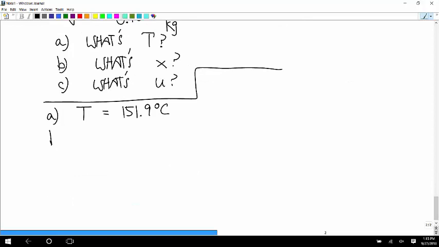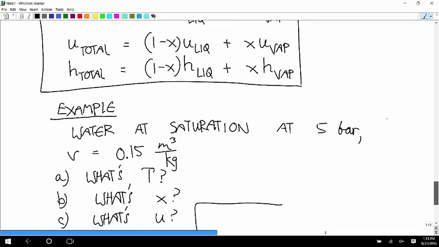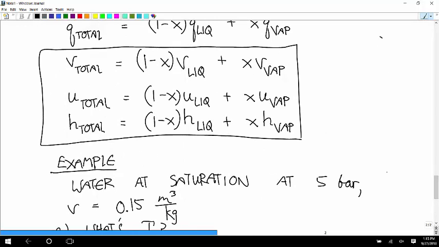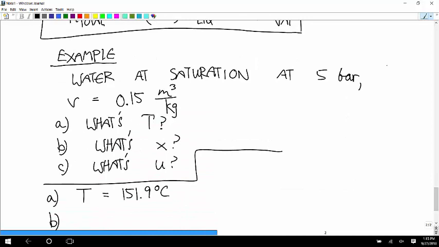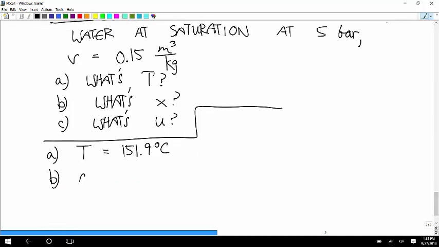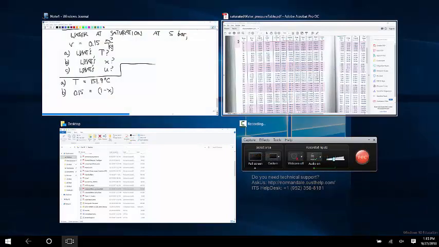And now we need to calculate the quality. We know that the total specific volume is 0.15 cubic meters per kilogram. So we can use that. 0.15 is equal to 1 minus the quality times the specific volume for the liquid.